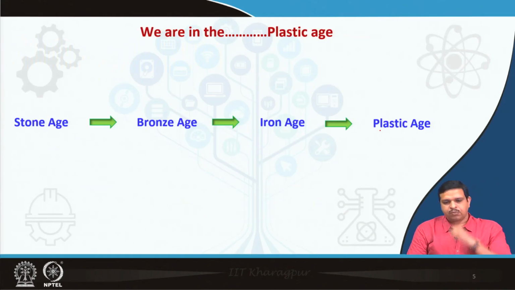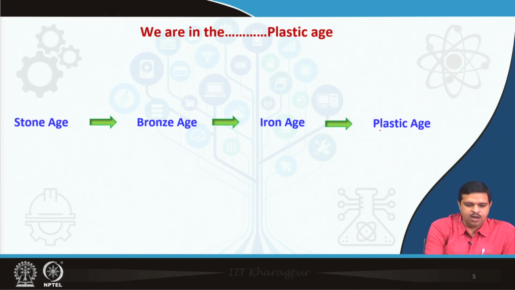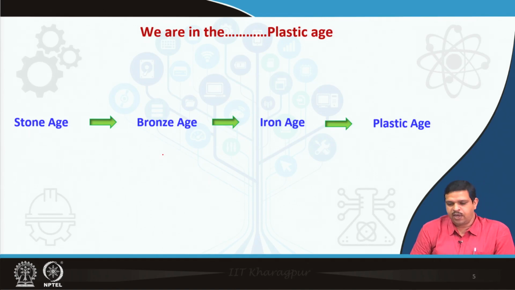As I told you in the beginning, we are in a plastic age. In our childhood we learned about the Stone Age, Bronze Age, and Iron Age, and how our age has been transferred according to the need and according to development.